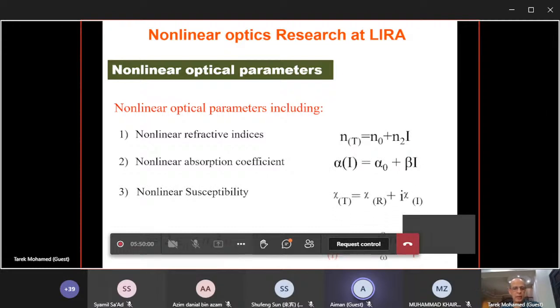Usually we characterize the material using the nonlinear refractive index n2 and the nonlinear absorption coefficient beta. From n2 and beta, we can get the nonlinear susceptibility.